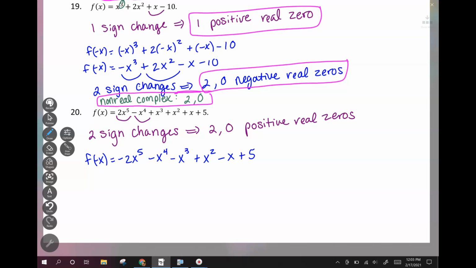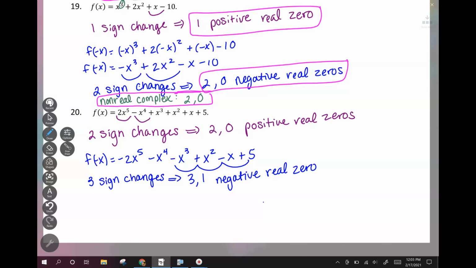All right, and now we count our sign changes. So negative to positive, positive to negative, negative to positive. So 3 sign changes. And that tells us we could have 3, go down by 2, 1, and we can't go down by 2 anymore, can't have negative 1 zeros, so 3 or 1 negative real zeros.